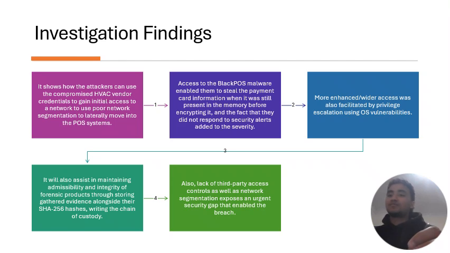Wider access was also facilitated by privilege escalation using OS vulnerabilities. It will also assist in maintaining the integrity of forensic products while storing and gathering evidence, along with their SHA-256 hashes, recording the chain of custody. Also, the lack of third-party access control as well as network segmentation exposed urgent security gaps that enabled the breach.